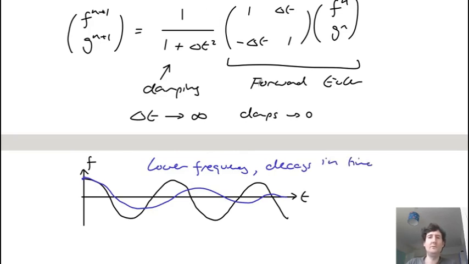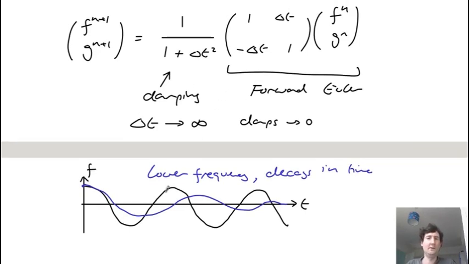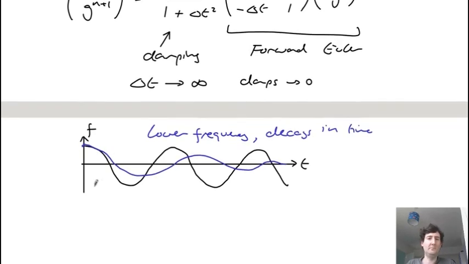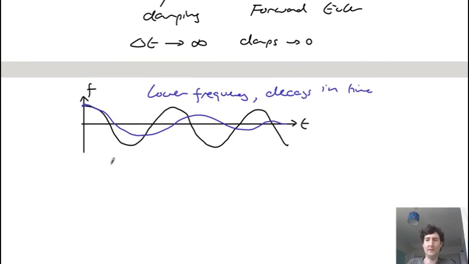And this is generally true for unresolved waves and oscillations here, but in general for waves. In implicit methods, they tend to have a lower frequency and decay in time relative to the explicit or resolved waves.